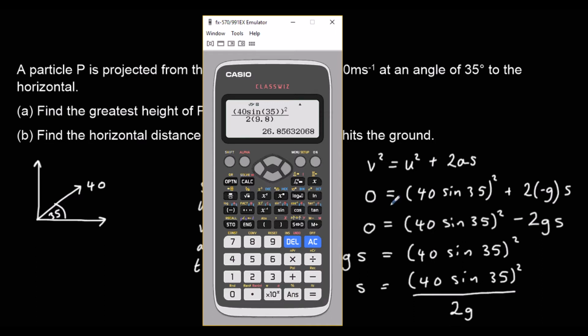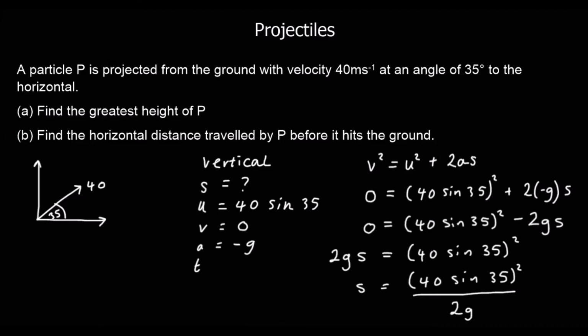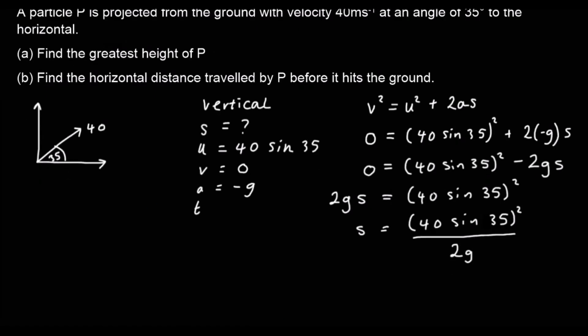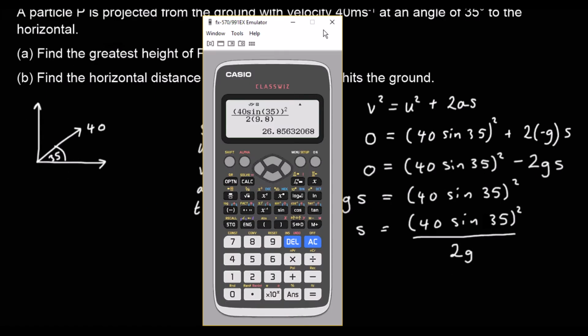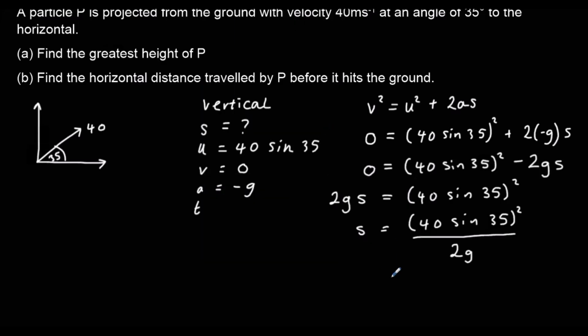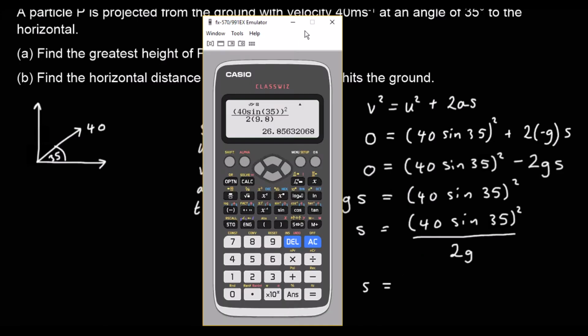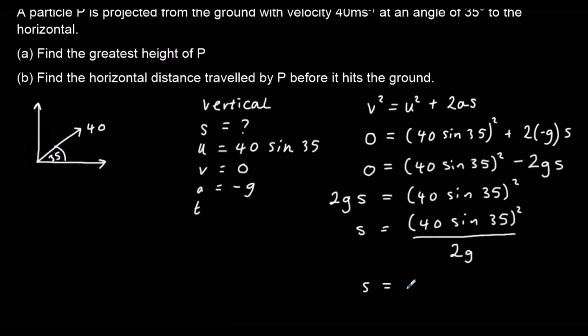To 3 significant figures, we've got 26.9 meters, or to 2 significant figures, 27 meters. Let's do 2 significant figures, since we use g to 2 significant figures. So we'll use s to 2 significant figures, which is 27 meters to 2 SF.